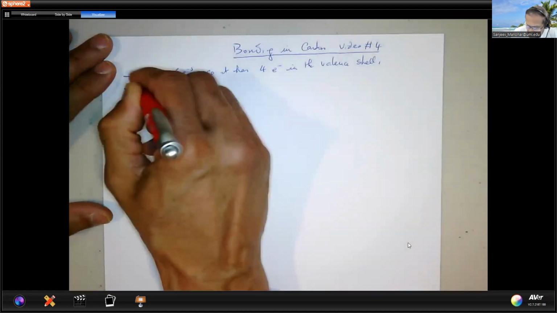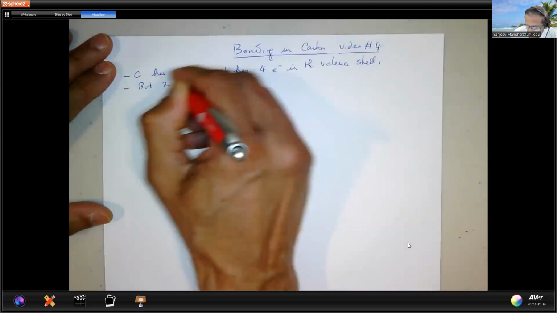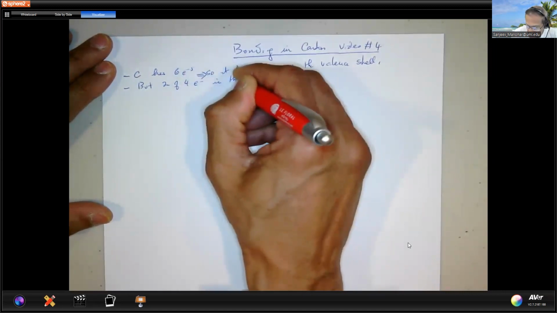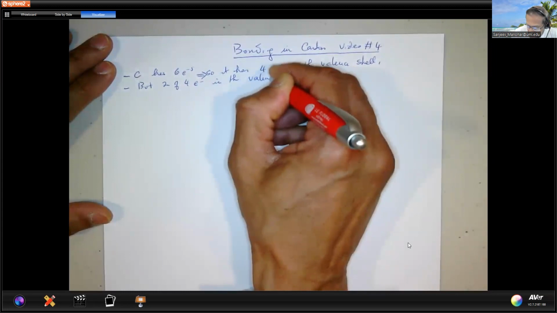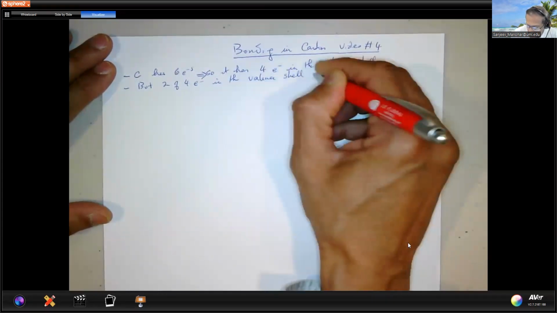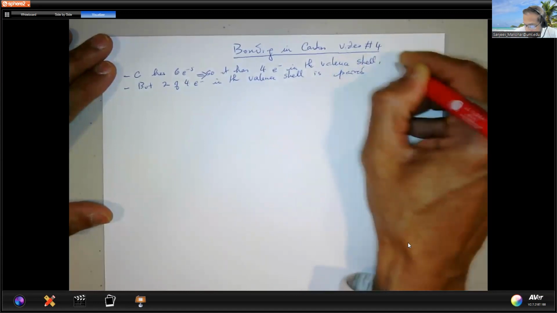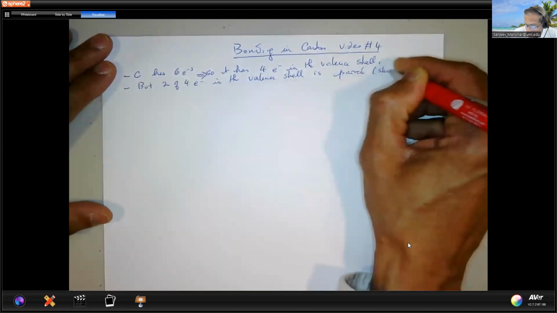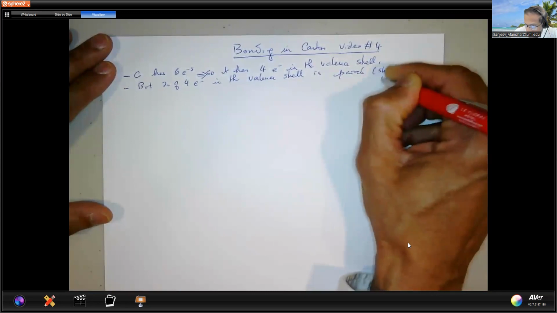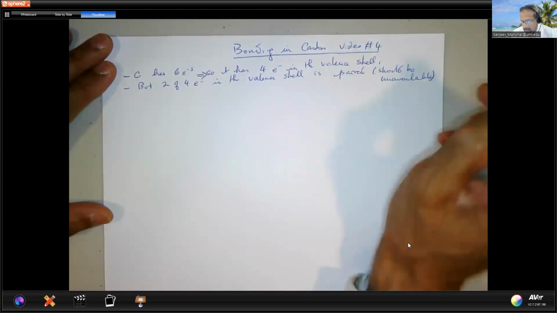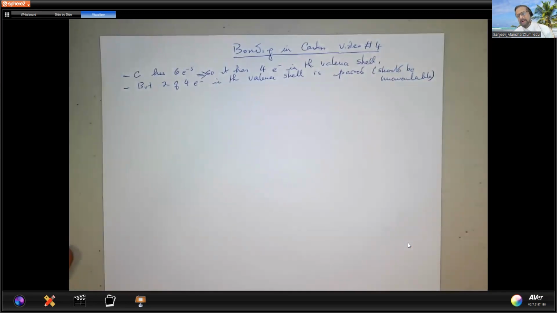Okay, but 2 of the 4 electrons in the valence shell are paired and should be unavailable, which means carbon should only have 2 electrons available for bonding.